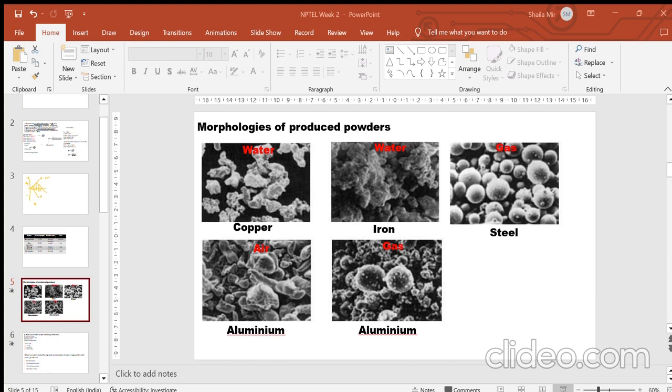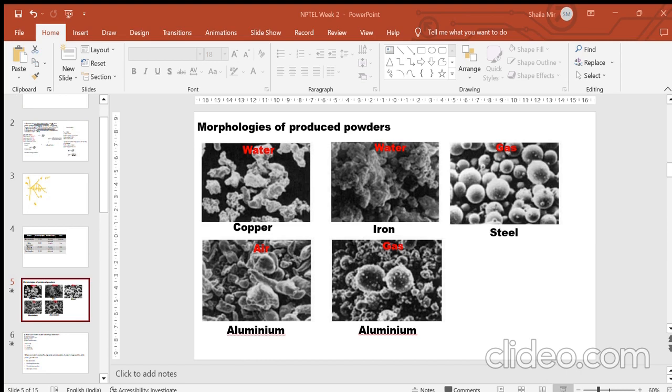And nitrogen is an inert gas that will prevent the oxidation of your melt, so you can go for gas atomization of very reactive powders in the presence of nitrogen.